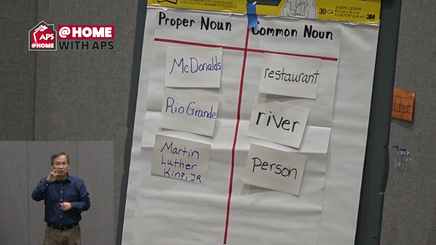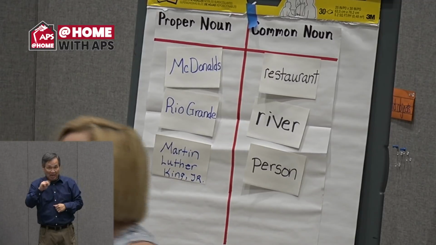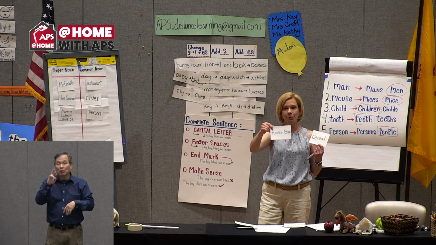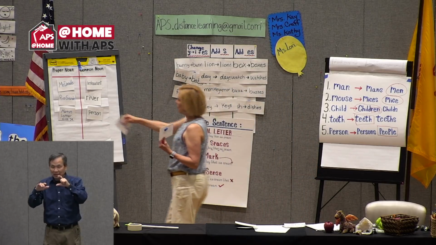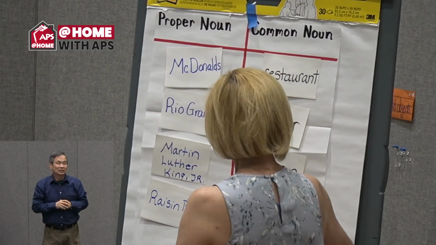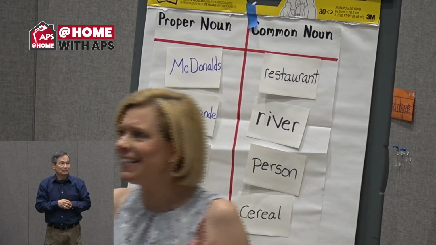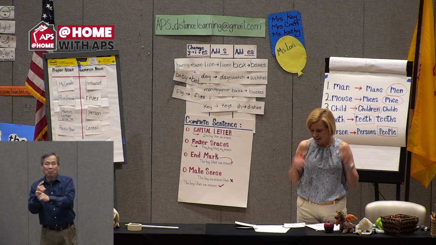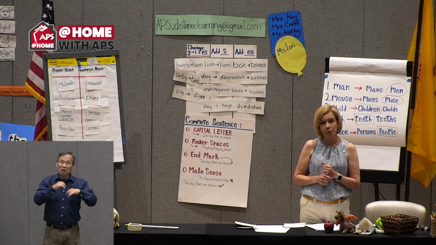Do you guys like Raisin Bran? I love the raisins. Do you see how I capitalized it? Because that is a proper noun. So let's put that on our chart. Are you guys getting the idea? If you are, give yourselves a pat on the back. You're doing so great. Common and proper nouns are so very important.